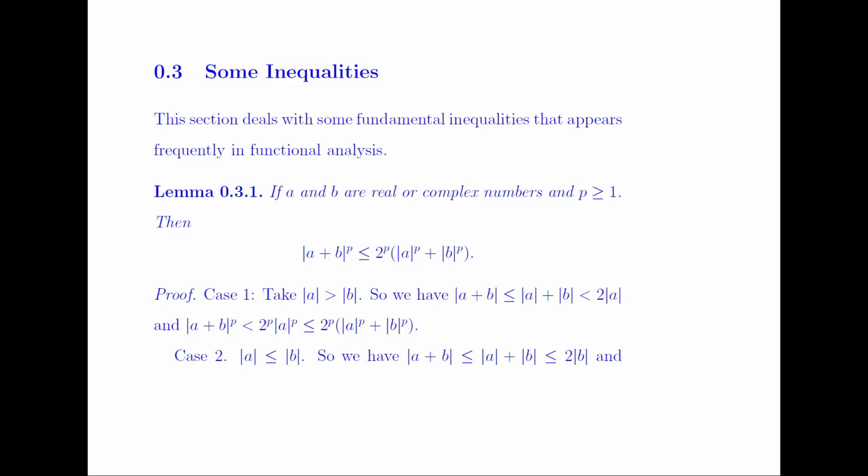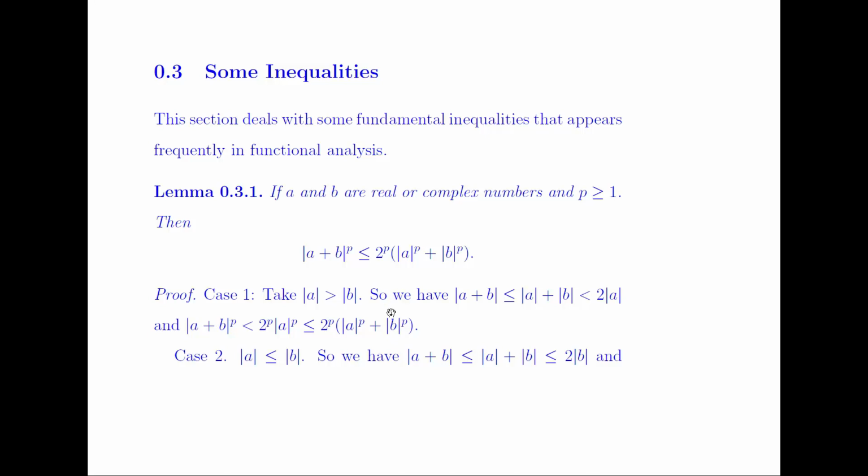And as modulus of a is greater than modulus of b, we can say that this is less than 2 times the modulus of a. Similarly, the modulus of a plus b power p is less than 2 raised to power p into the modulus of a power p, which is further less than 2 power p into modulus of a power p plus modulus of b power p.